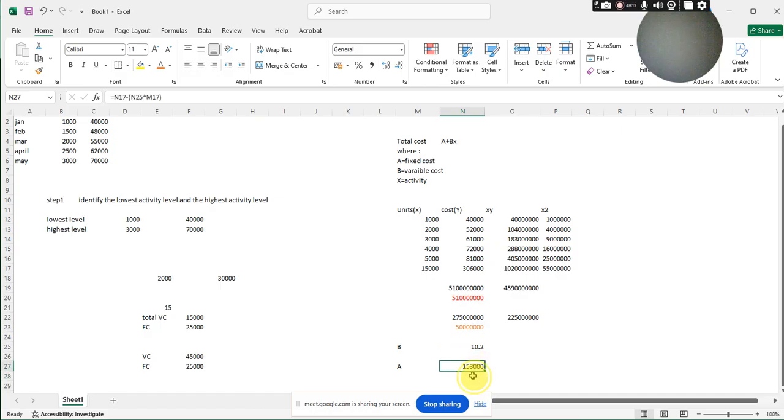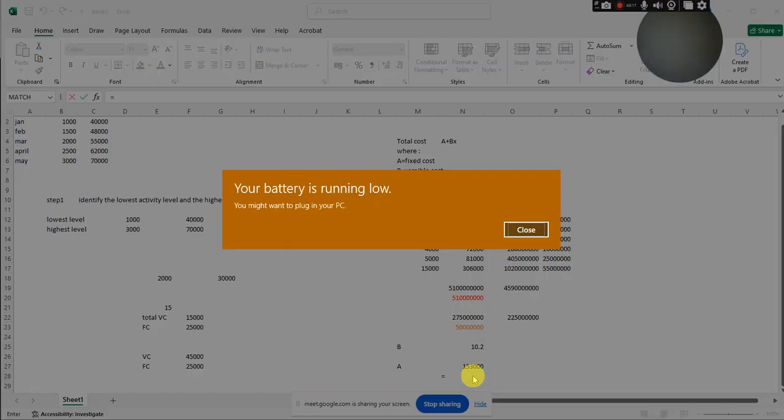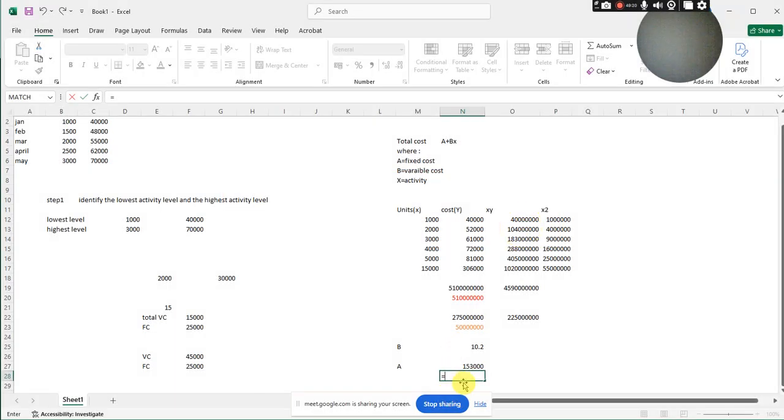But we are told that it is over n, so we can say this, equals to this divided by 5, enter. This is our a. Our fixed cost here is 30,600, while our variable cost is 10.2 per unit, right? Are we following? Yes, sir.